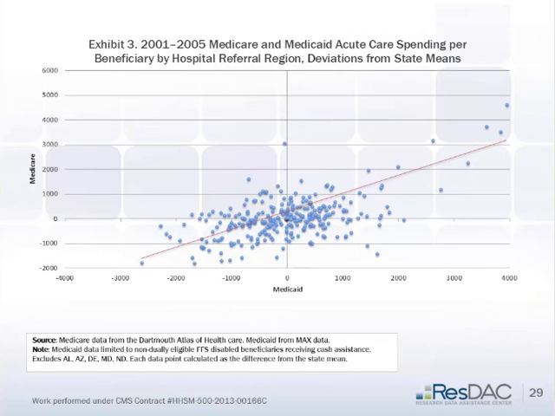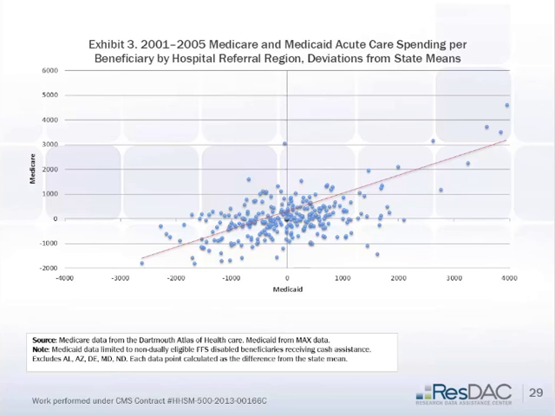Here's looking within Medicare and Medicaid, across all of them, and normalized as deviations from state means. So this is a plot at the hospital referral region level, pulling out the state effects. And this seems to track fairly well.